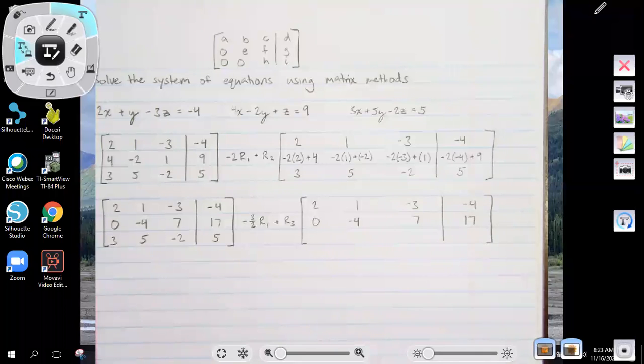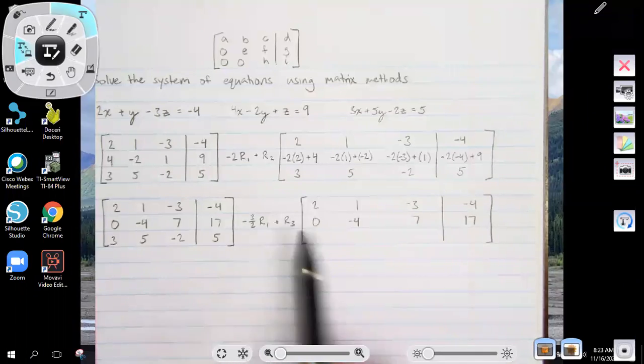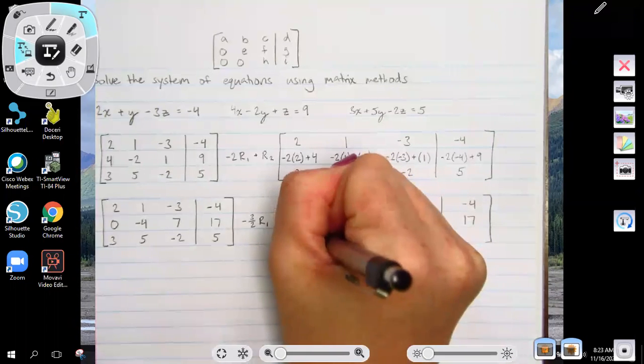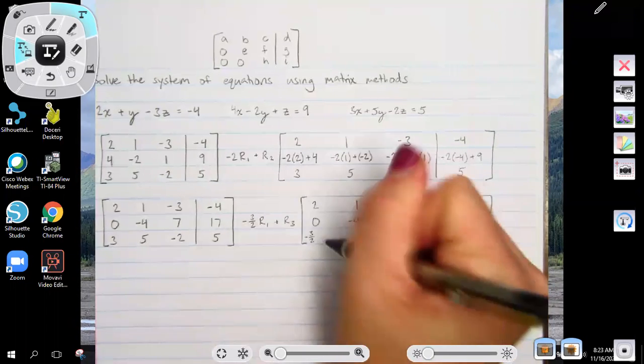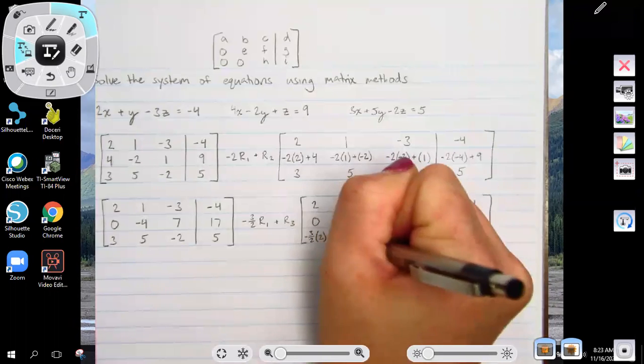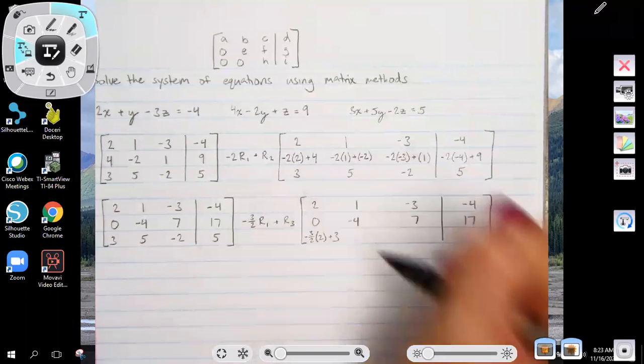And then for the third row, we're using this formula. -3 halves times row 1, which is 2, plus row 3, which is 3.